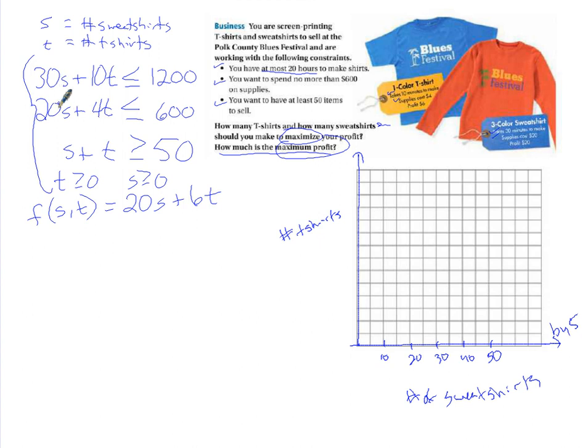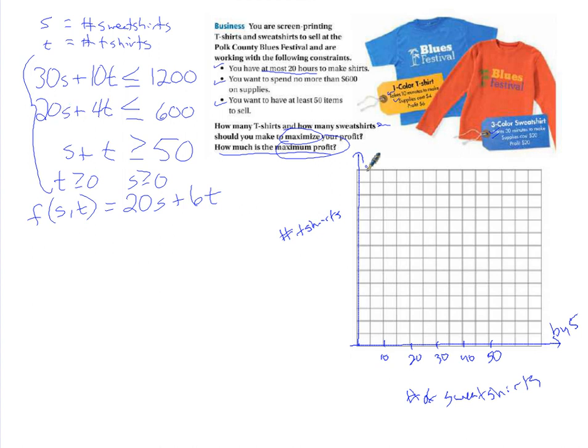On the next one, when s is 0, we get 4t equals 600. That would give us a t-intercept of 150. And then finally, the last one, the t-intercept would be 50. So the biggest number we got there was 150. So I've got to make it to 150.